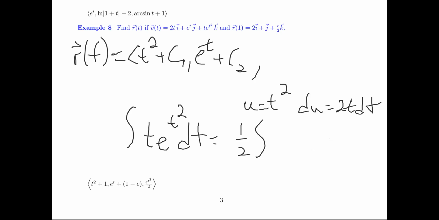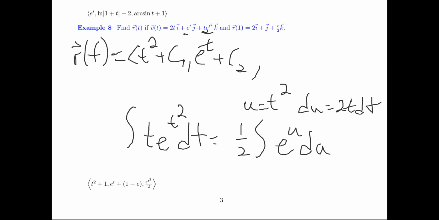Okay. u is t squared, but this was e to the u du. That was our function up here. Sorry. There we go. t e to the t squared becomes 1/2 e to the u du after that change in variables, u is equal to t squared.